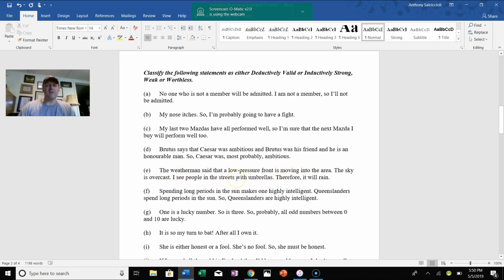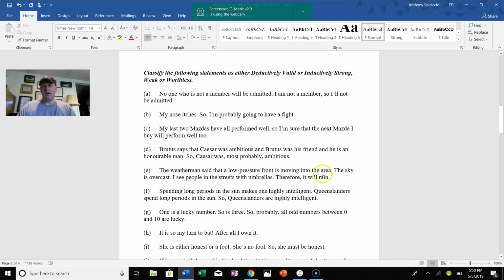The sky is overcast. I see people in the streets with umbrellas. Therefore, it will rain. Okay, now there seems to be some strength because of the evidence here. The weatherman is showing a low pressure. The sky is overcast. You look up, you see the sky. There's people in the streets with umbrellas. Therefore, it is going to rain. That has some strength to it.